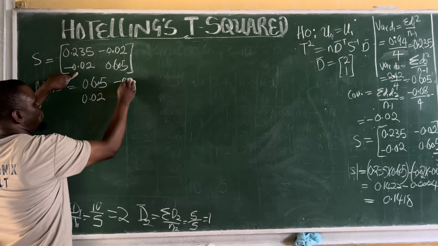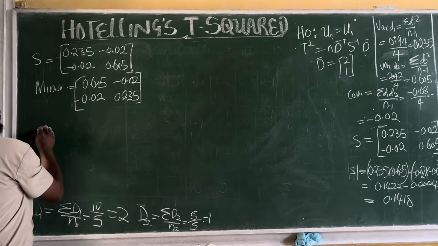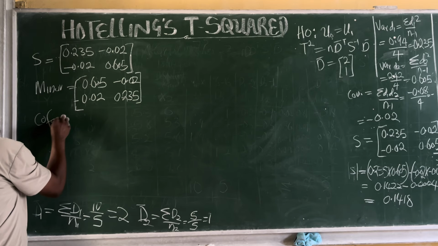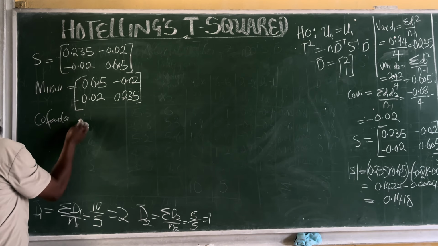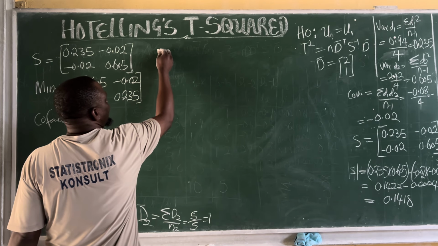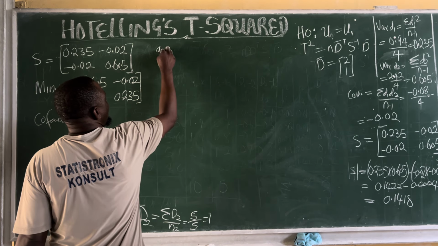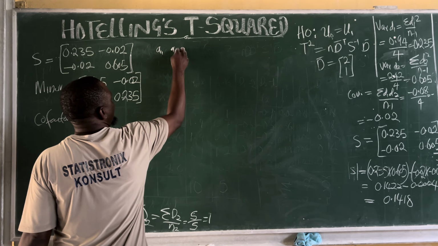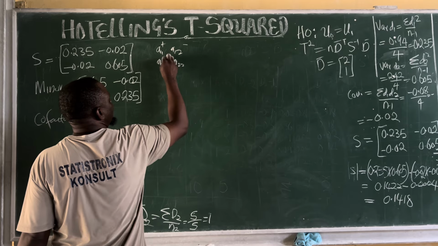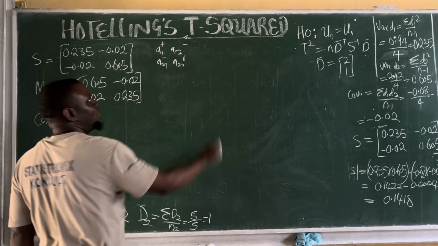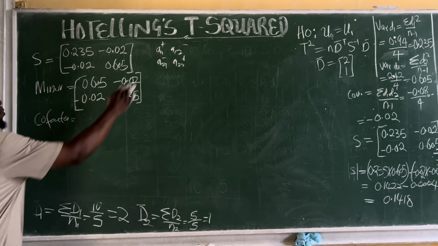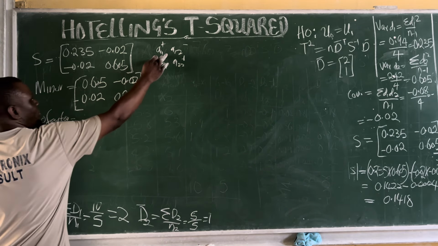Now, the cofactor will be equal to this minor with the appropriate sign. And you know that what we are looking at, like we said earlier, is that we have A11, A12, A21, A22. So the signs are plus, minus, minus, plus. Okay? So the first one is plus. This will be 0.605.